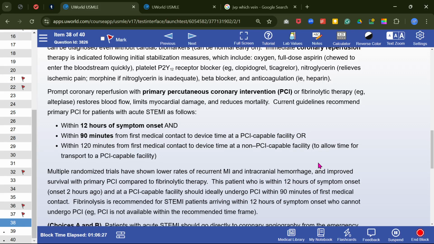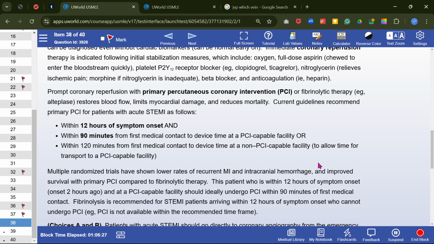Multiple randomized trials have shown lower rates of recurrent MI and intracranial hemorrhage and improved survival with primary PCI compared to fibrinolytic therapy. These patients, who are within 24 hours of symptom onset, 2 hours ago at a PCI capable facility, should ideally undergo PCI within 90 minutes of first medical contact.